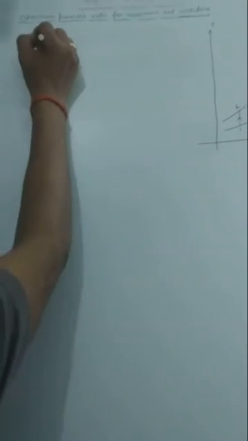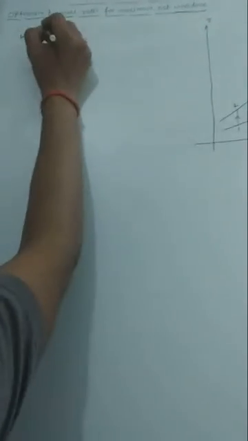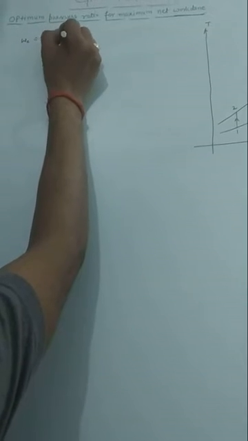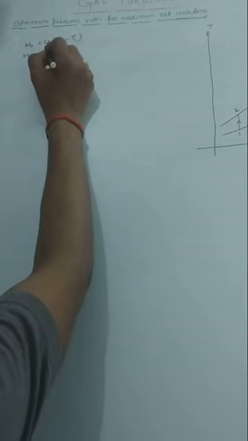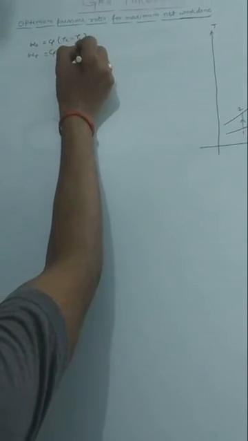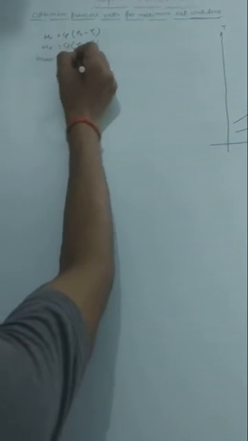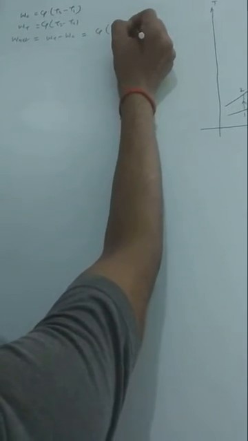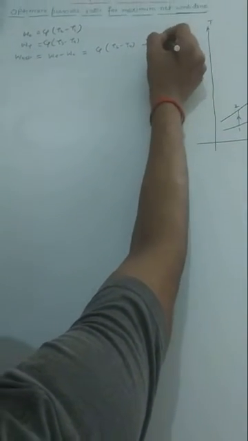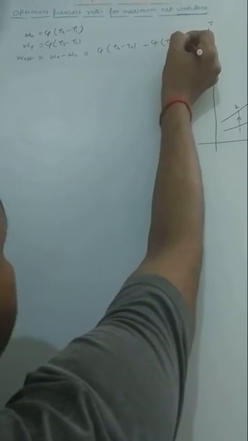So W of compressor is equal to Cp of T2 minus T1, and W of turbine is equal to Cp of T3 minus T4. So we can write W net is equal to W turbine minus W compressor is equal to Cp of (T3 minus T4) minus Cp of (T2 minus T1).